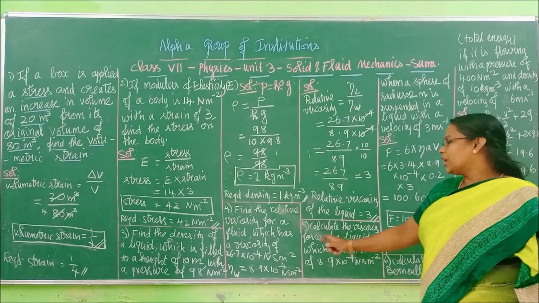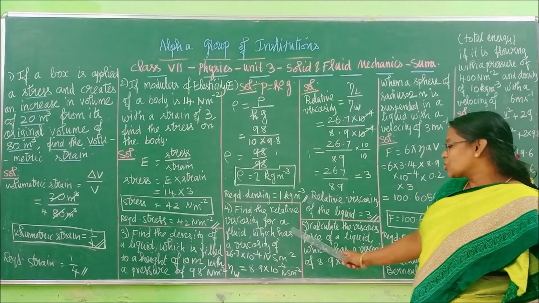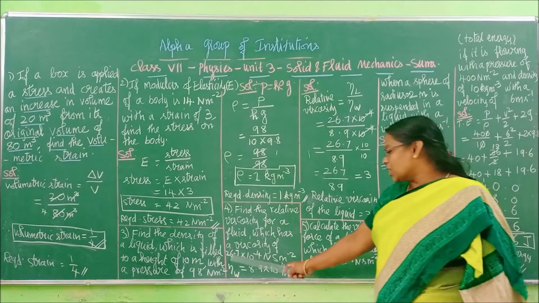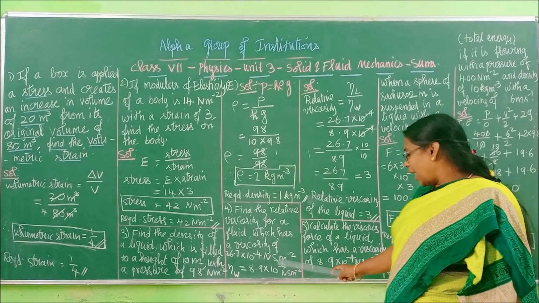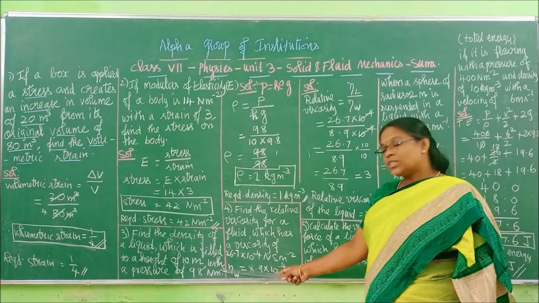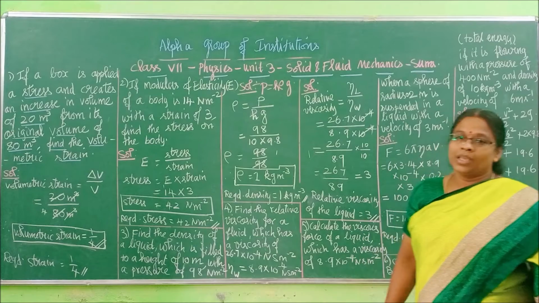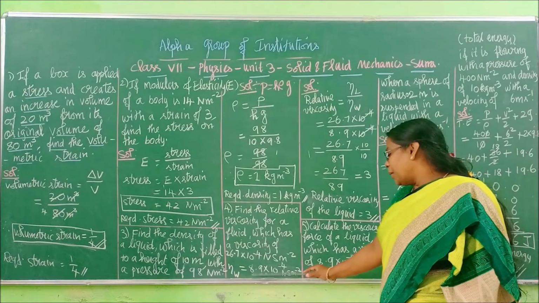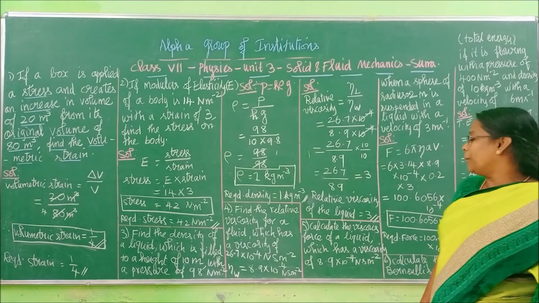Find the relative viscosity for a fluid which has a viscosity of 26.7 into 10 power minus 4 Newton second per meter square, and this is what is this? Eta of water. W is water. Eta of water is 8.9 into 10 power minus 4 Newton second per meter square.